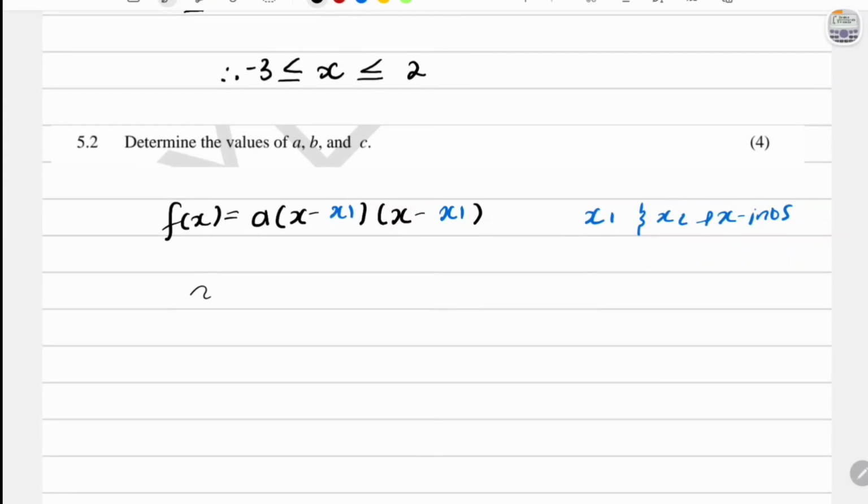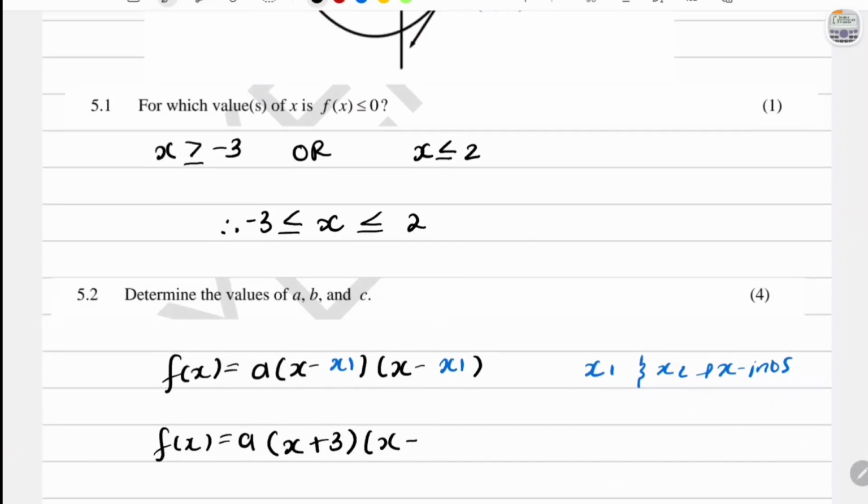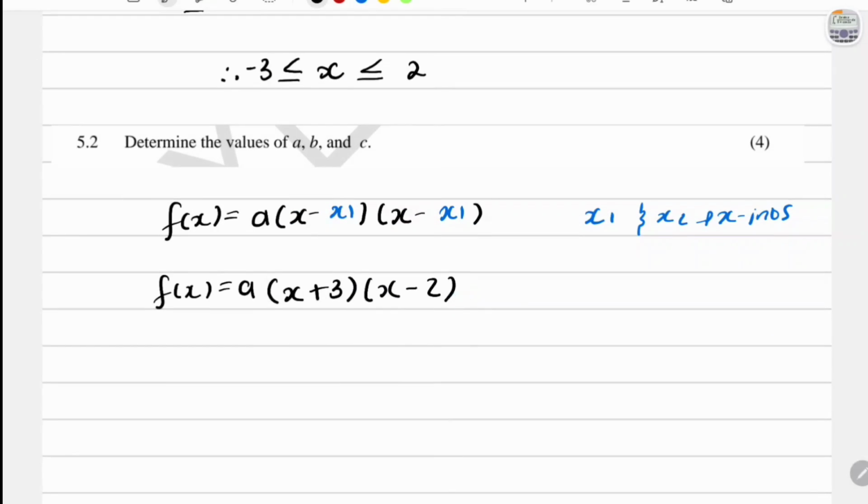So we're going to substitute. We have f of x, you first substitute the x-intercepts. It's equal to a bracket x minus the first x-intercept, which is -3, so that's x minus -3, which becomes x + 3. And then x minus the 2, which you just say x - 2.